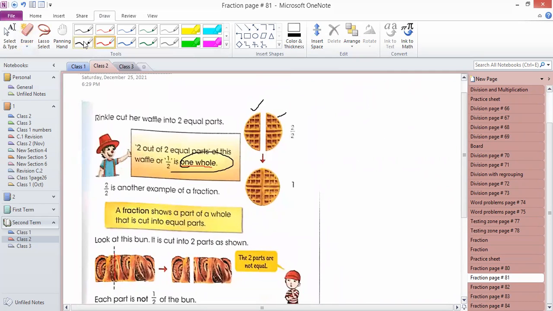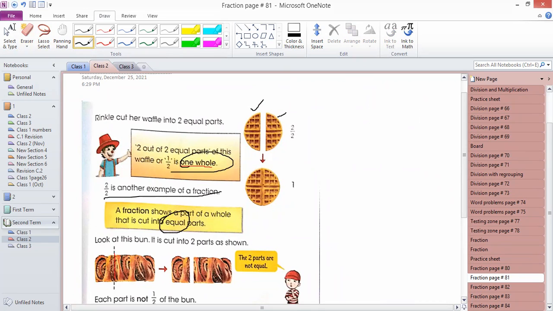So a fraction, 2 over 2, is another example of fraction. A fraction shows a part of a whole that is cut into equal parts. This is very important, guys. It should be cut into equal parts.